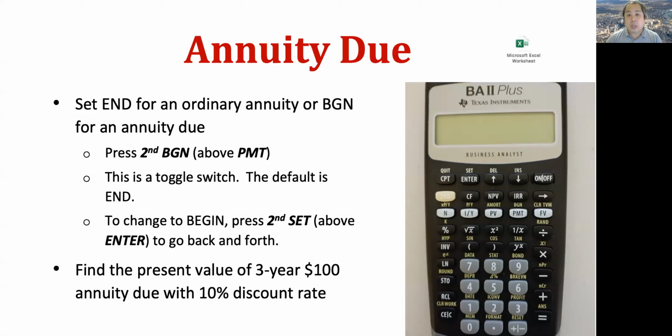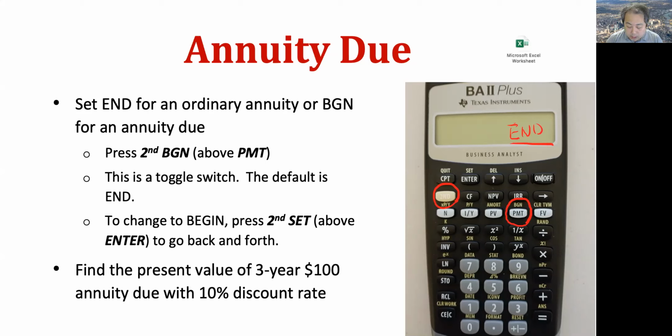Now, if you change the mode of the calculator to BGN, then all cash flows occur at the beginning of the period. So how to change it? You press second, and then there is the BGN button. You should see END here. We need to change it.